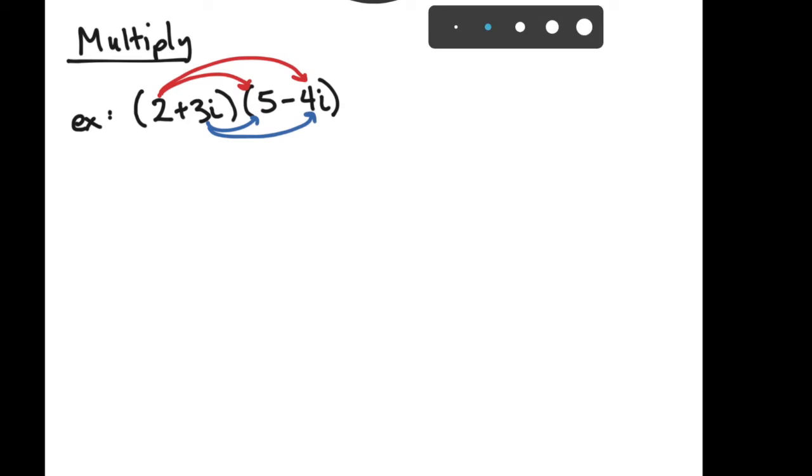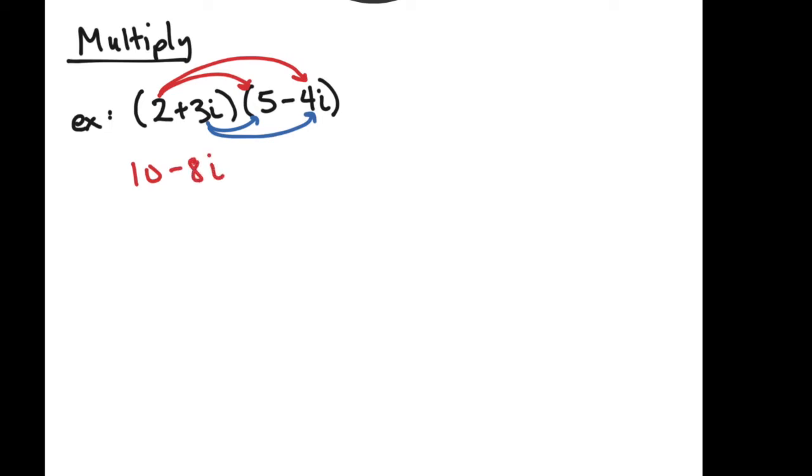So let's do this. 2 times 5 is 10. 2 times negative 4i is negative 8i. 3i times 5 is 15i. And 3i times negative 4i is negative 12i squared.